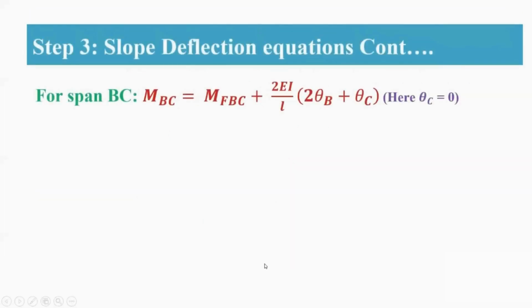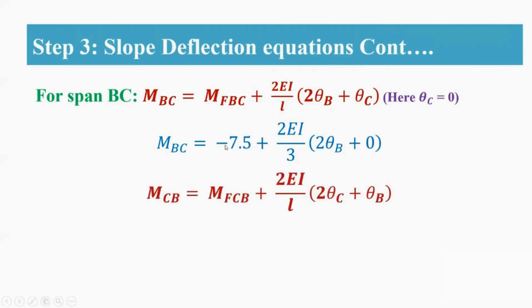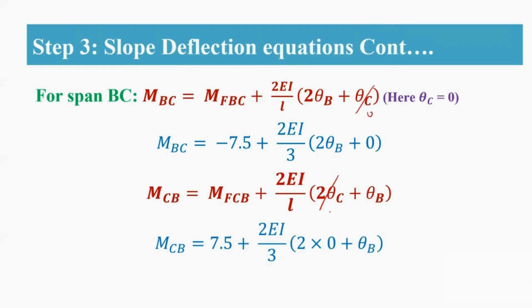And then similarly, when we do it for the span BC, MBC will be equal to MFBC plus 2EI by L into 2 theta B plus theta C. Here in the above problem, C is a fixed support, therefore theta C will be equal to 0. So by simplifying the equation, you are going to get this. And similarly for MCB also, by simplifying this, you are going to get this. So here what we have done is we substituted theta C as 0.